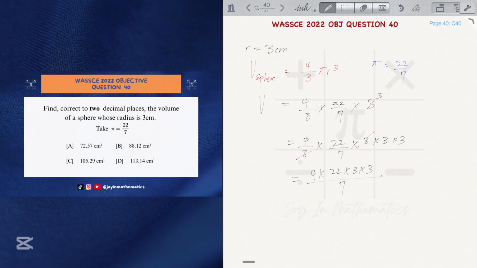So the numerator is 792, and this will be equal to 113.1438. The unit is centimeter cube.